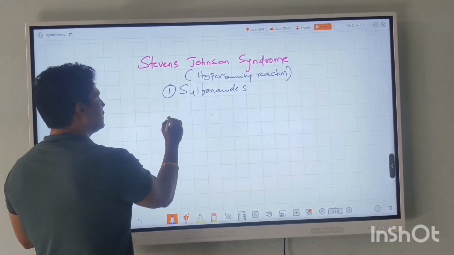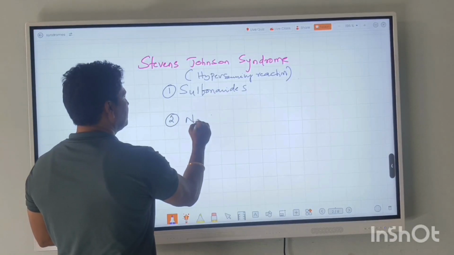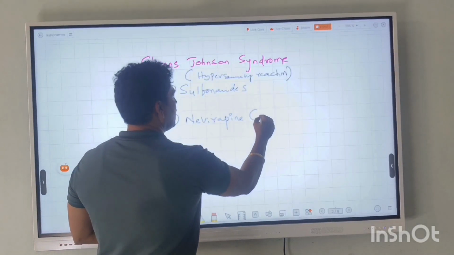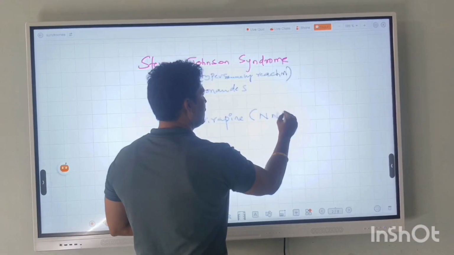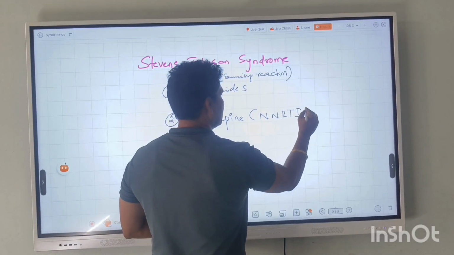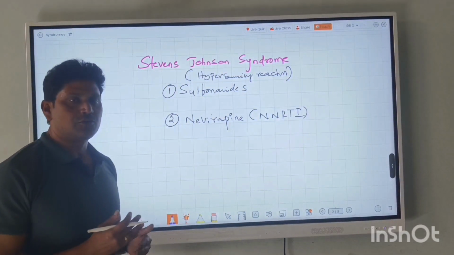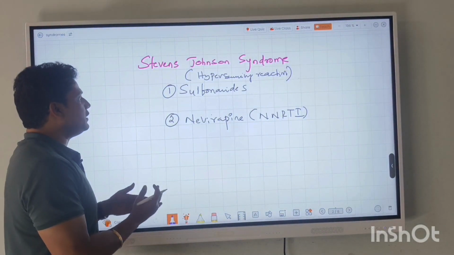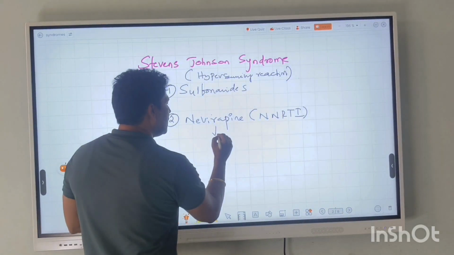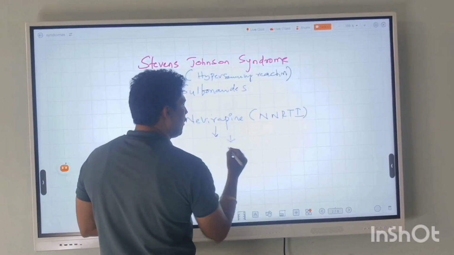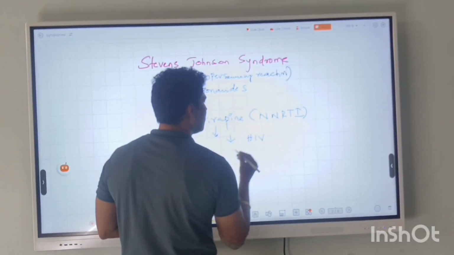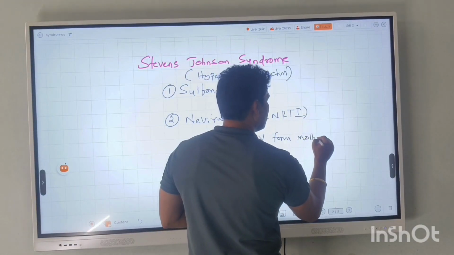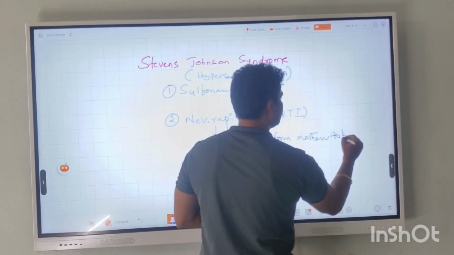Apart from sulfonamides, nevirapine, it is a non-nucleoside reverse transcriptase inhibitor. Generally, this drug is used to treat HIV. So the advantage of nevirapine is it inhibits the transmission of HIV from mother to baby.